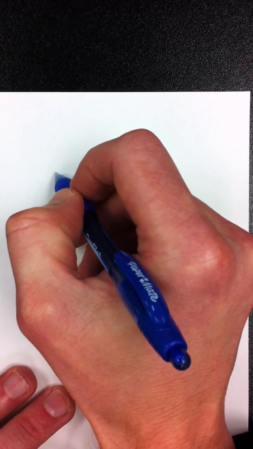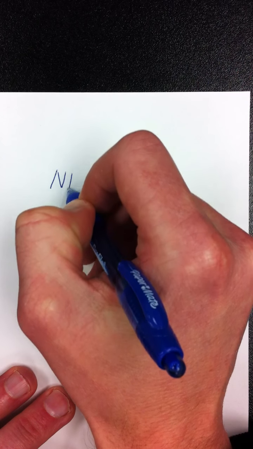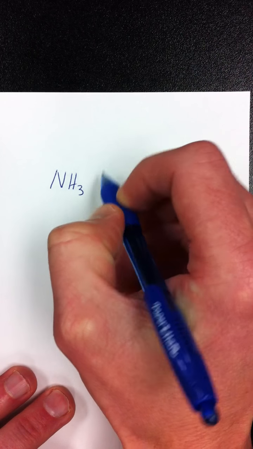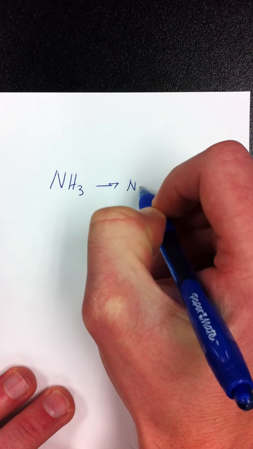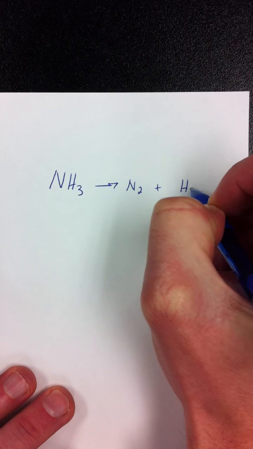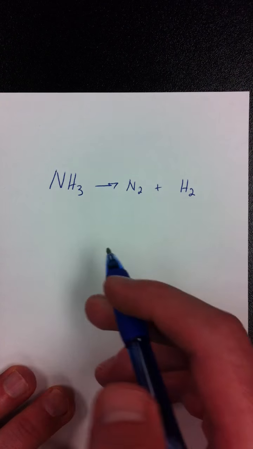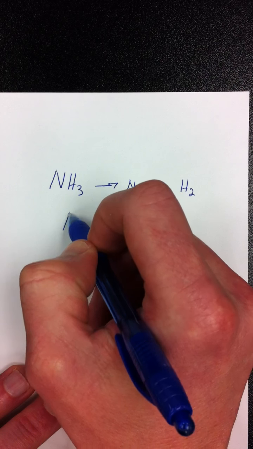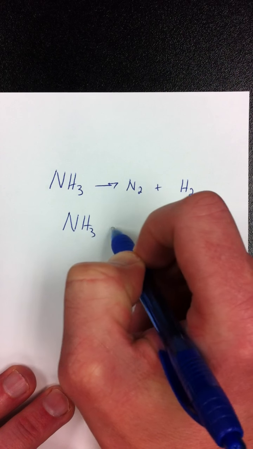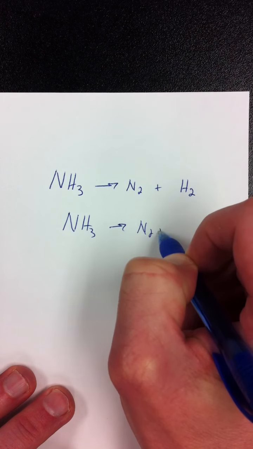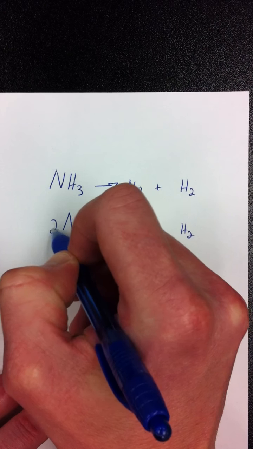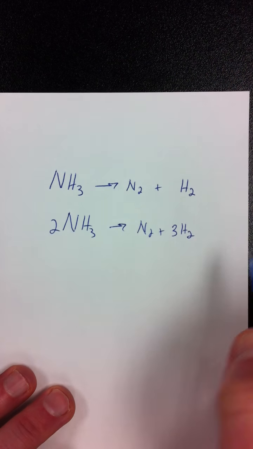I'm going to write down a couple more examples, and I would pause at each after I write it down, practice balancing it, and then turn the video back on to see if you got it right. So I would pause right now and try to balance it. And so this should be what you put down, 2 and a 3.